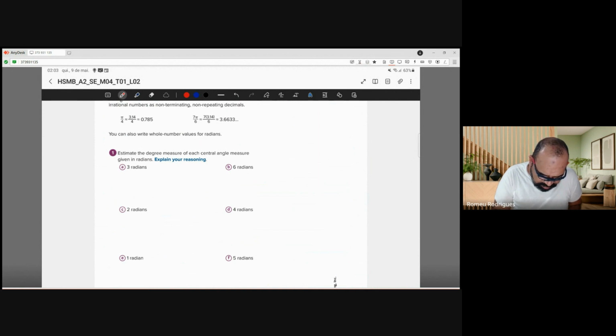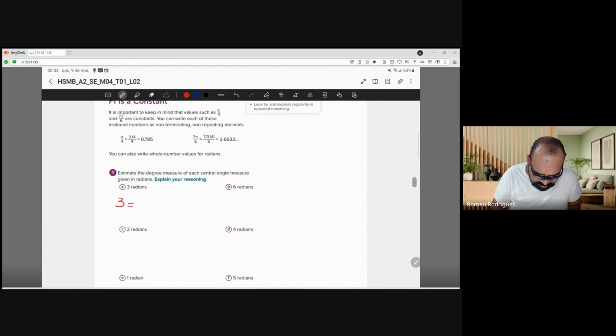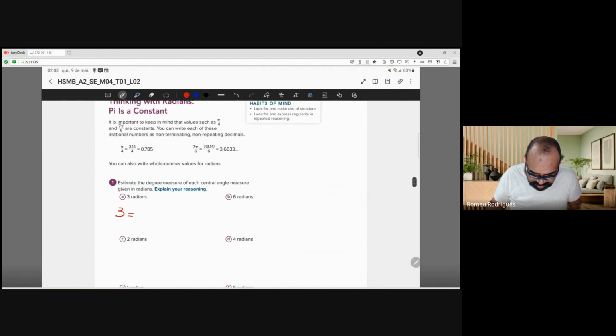Then we write here 3 equals what? We need to check what we're comparing here. How much is 1 radian? You know? You don't know? You're confused? 1 radian is pi. And 3 radians, what is this?